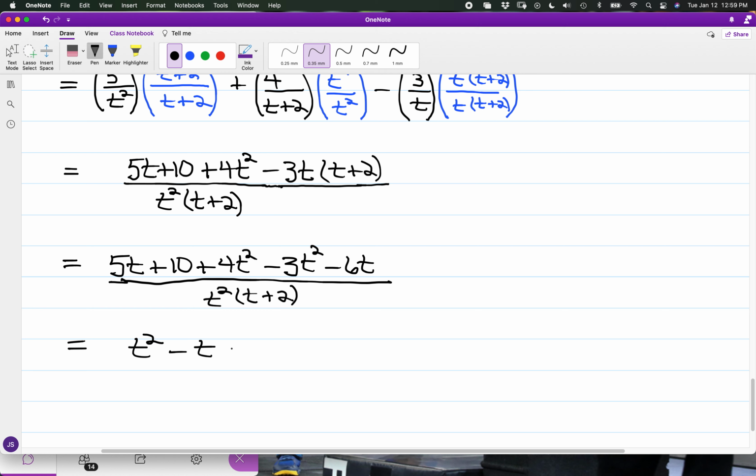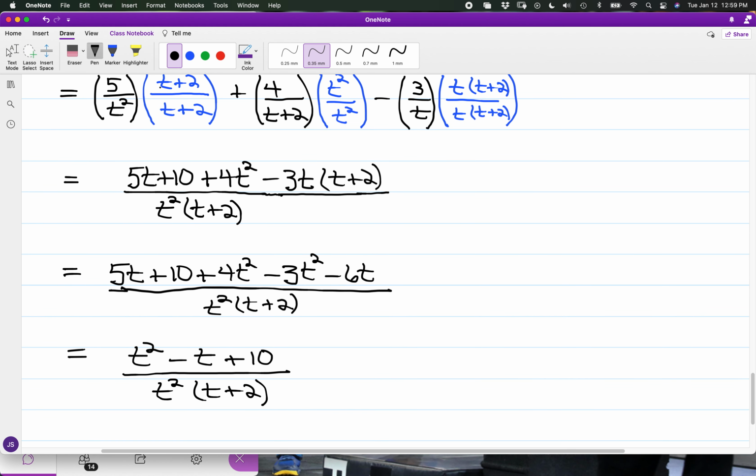Then I have the constant number 10 to follow. And t squared minus t plus 10 cannot be factored into integer coefficients. And then we have all over t squared times the quantity of t plus 2. And that will be what we have upon combining these ratios together.